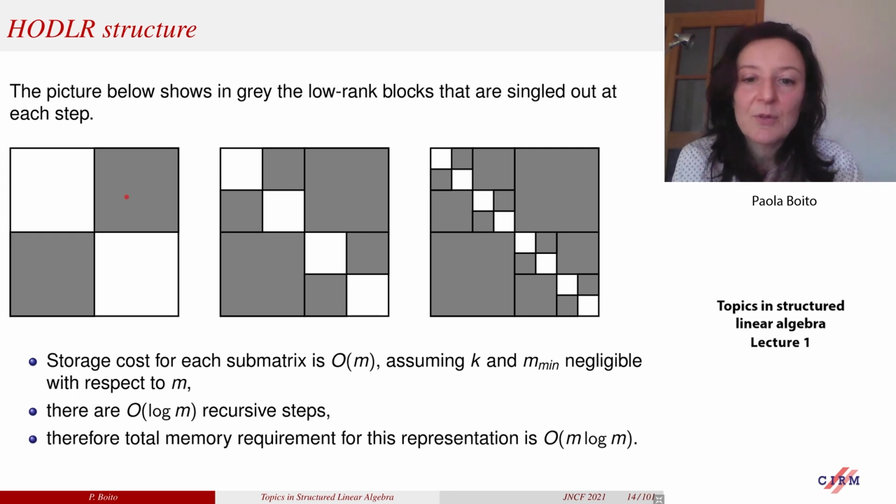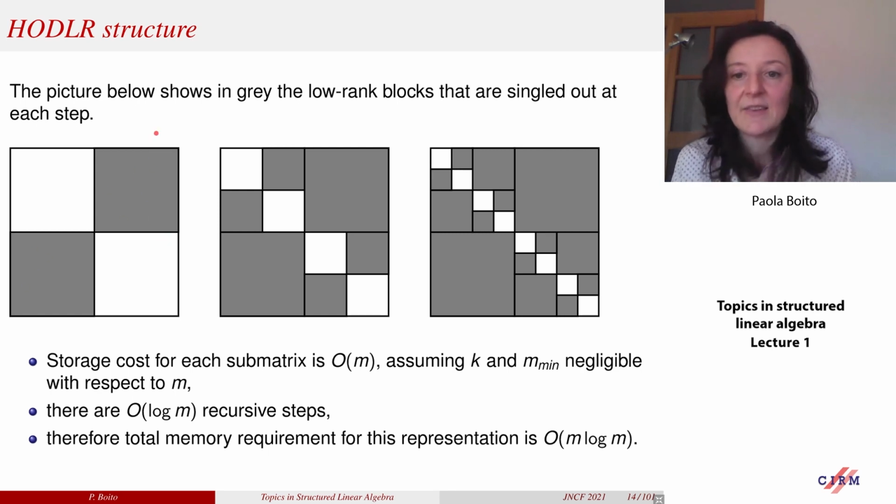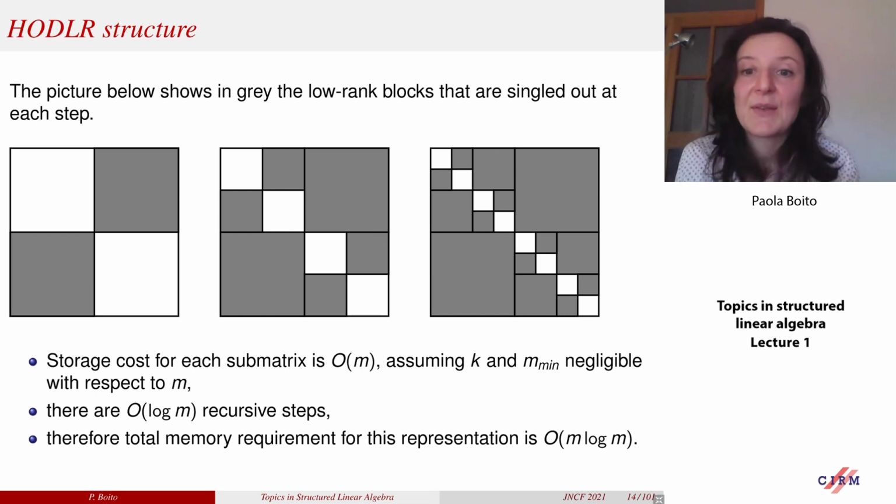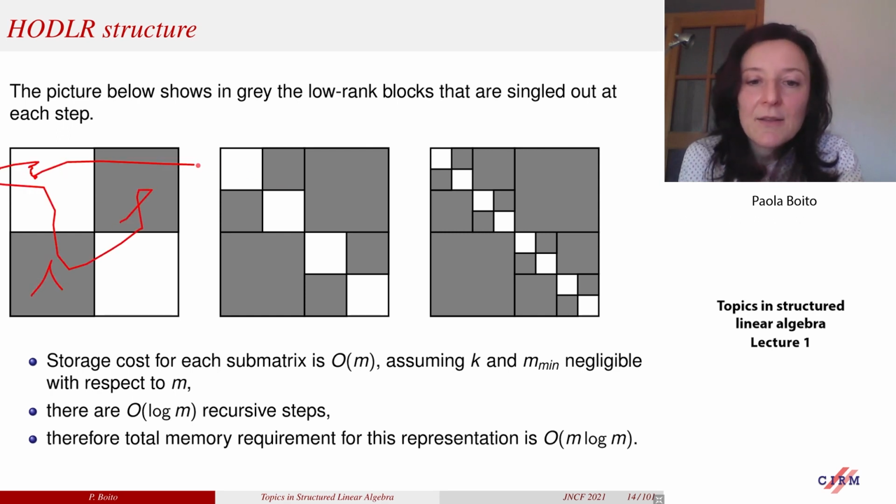We start with a full matrix, we partition it in 4 blocks. We show in gray the low rank blocks that are singled out at each step. So we store them easily as low rank matrices. So this and this are done.